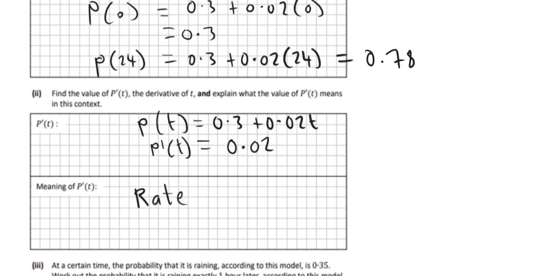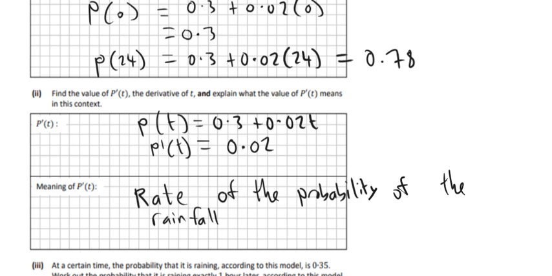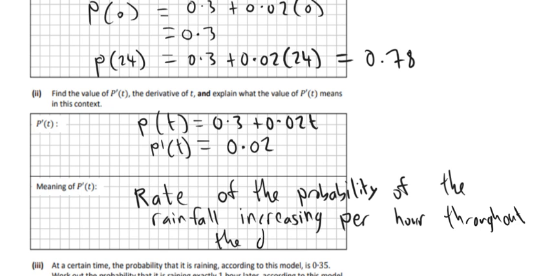So it's the rate of the probability of the rainfall increasing per hour throughout the day. So something like that.